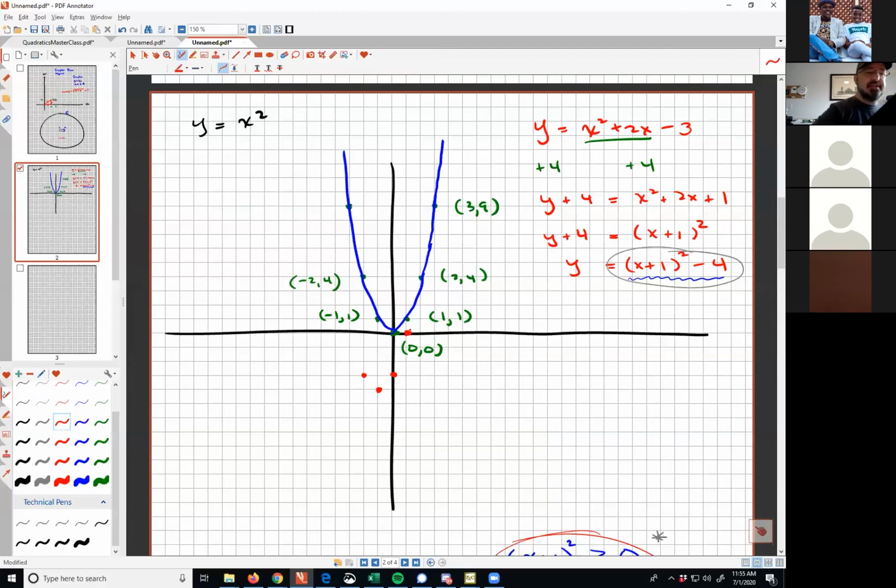If we go 2 down from -1, to -3, we also get 0. We wind up with a very similar looking curve. In fact, it is exactly the same. It's just moved over a little to the left and a little bit up.